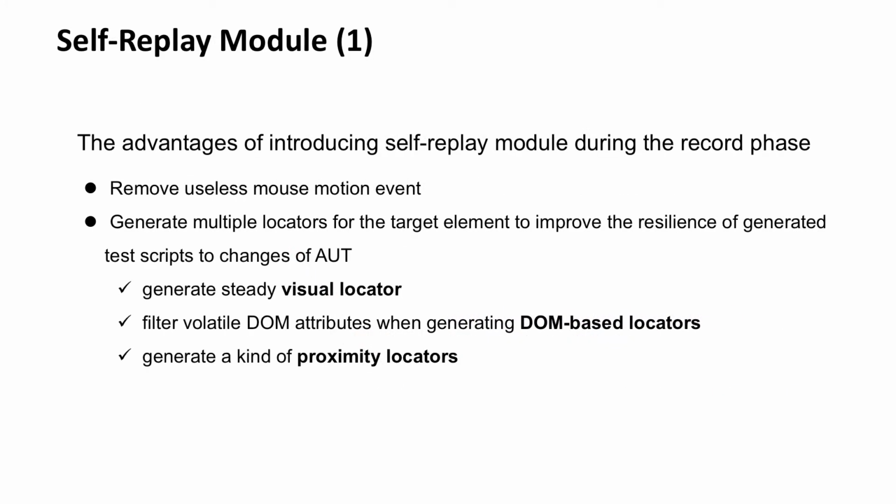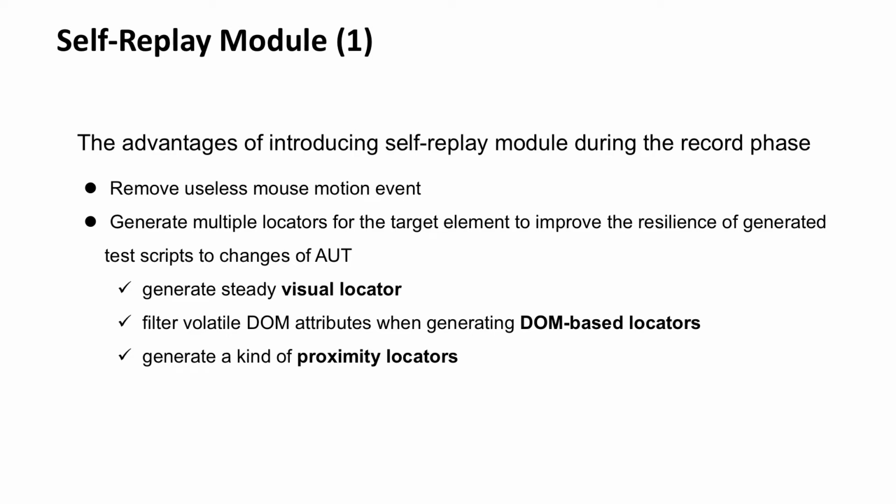In the recording phase, WebRR introduced a novel self-replay module to check received events online by opening the same browser in the background of the machine where the record module runs. There are two main advantages to introducing the self-replay module in the recording phase.